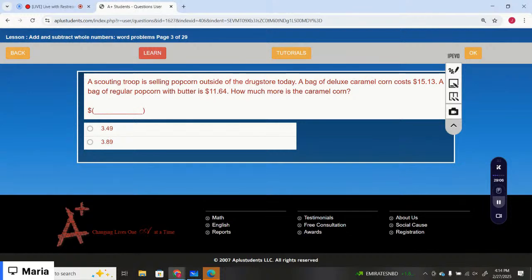You have to subtract basically 15.13 minus 11.64. Option number 1 is the correct option. It is $3.49.